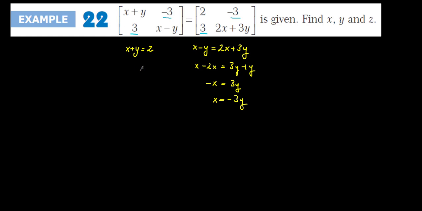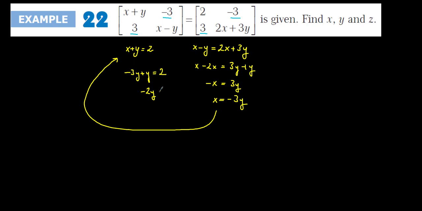And I'm going to substitute this one here in the other part. x plus y is equal to 2, so minus 3y plus y should be equal to 2. So minus 2y, I substitute here. Then minus 2y should be equal to 2. y is equal to 2 over minus 2, which is equal to minus 1.